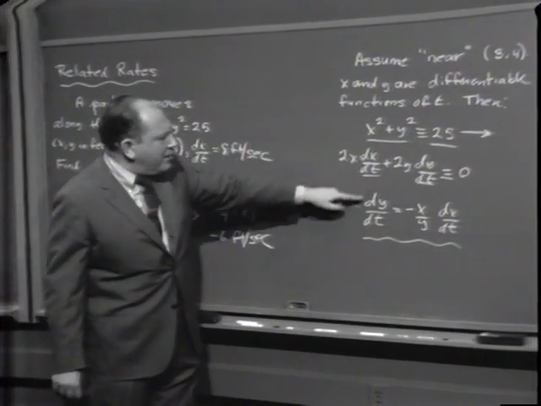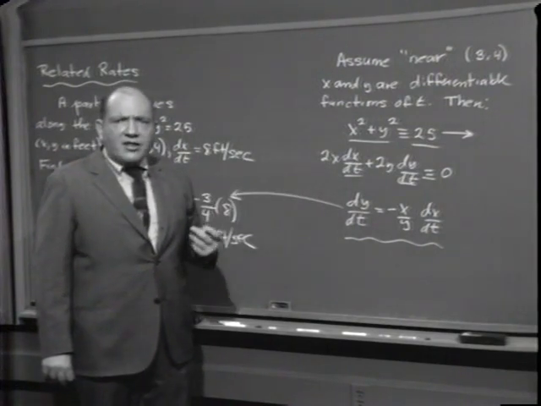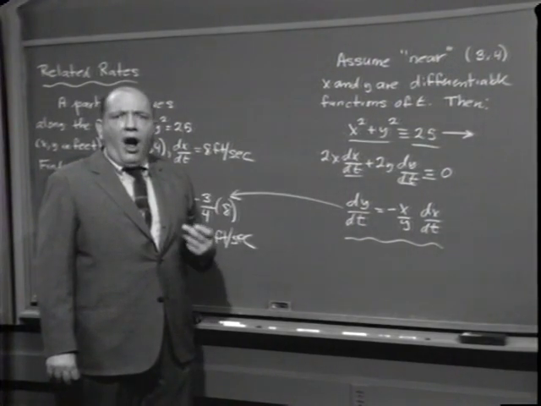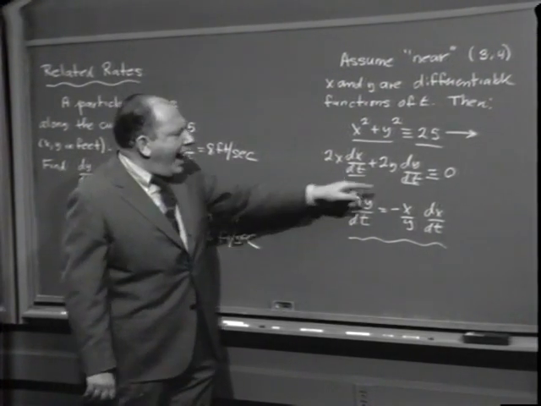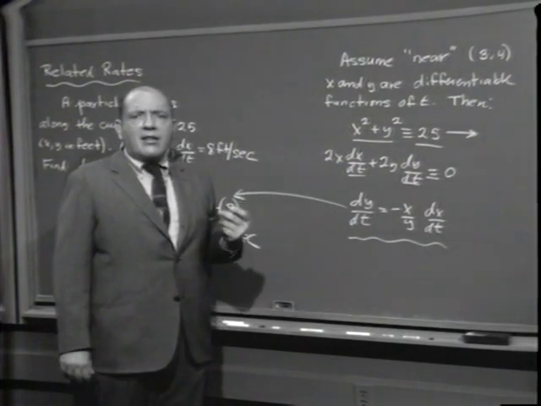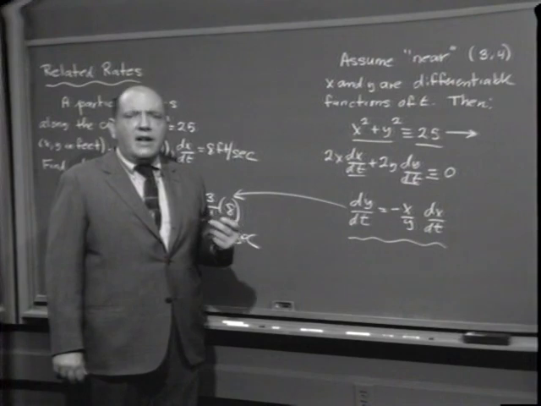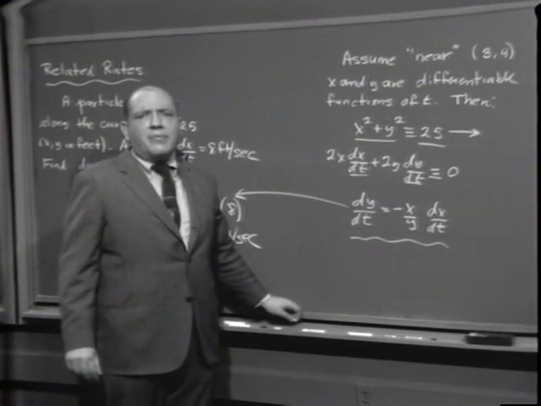Notice that in doing this particular problem, I never had to know explicitly what functions x and y were of t. All I had to know was what? That x and y were differentiable functions of t. I don't care how the particle was moving away from the point 3, 4, as long as x and y were differentiable functions of t. This is how the rates dy dt and dx dt had to be related.